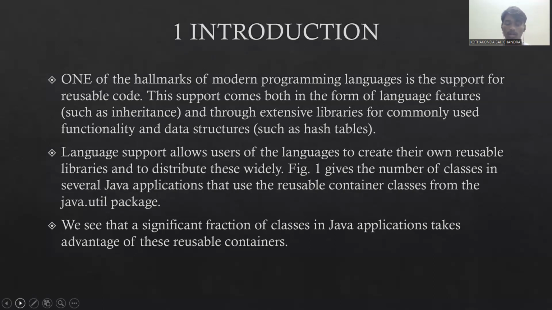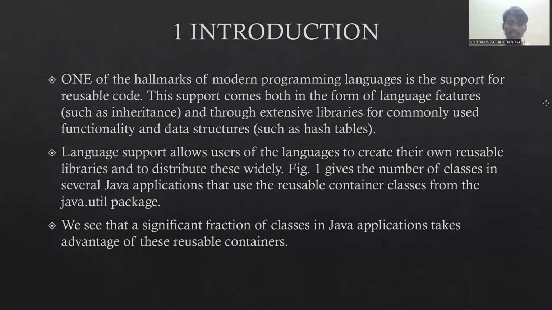Language support allows users of the languages to create their own reusable libraries to distribute widely, which is shown in figure 1. It gives the number of classes in several Java applications that use the reusable container classes from the java.util package.